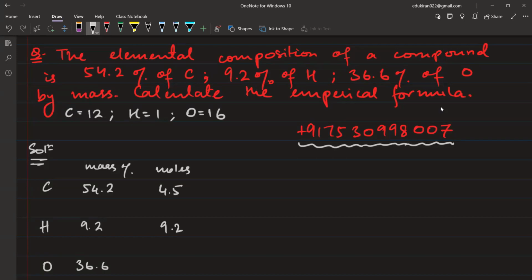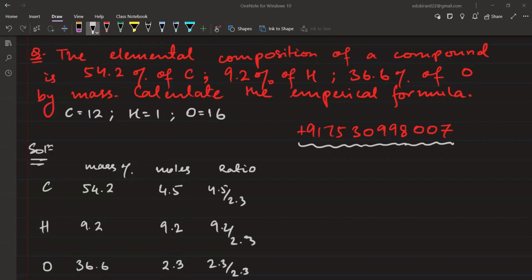And for oxygen, it will be equal to 2.3 something, right? And when I take the ratios, sir, for oxygen, isn't it 2.2? It is 2.28 actually. Okay, but even if you take 2.2, it is fine. For the ratio here, I will divide by 2.3. So I will have 4.5 divided by 2.3, 9.2 divided by 2.3, and 2.3 divided by 2.3.